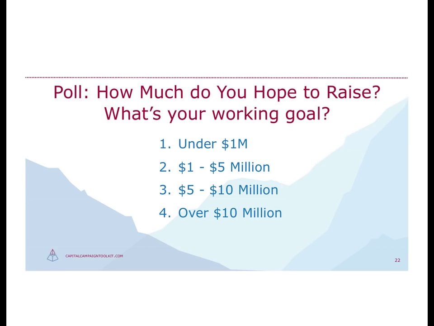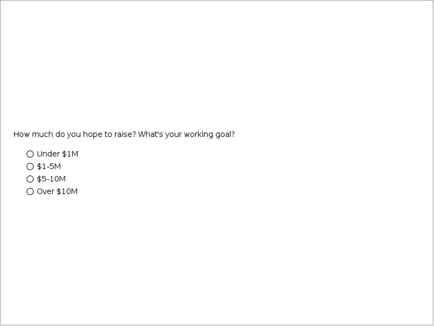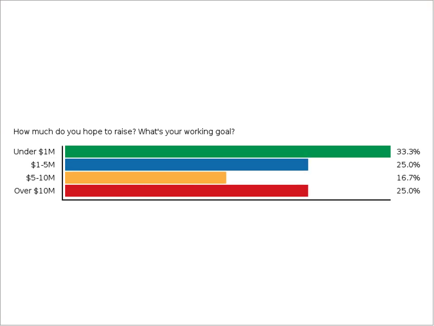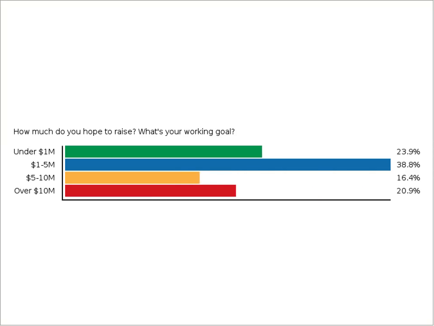Before we get into more detail on that, we're going to do one more quick poll. We want to know how much you hope to raise right now, how much you're thinking about, and start using the language working goal. What is your working goal? 1 is under $1 million, 2 is $1 to $5 million, 3 is $5 to $10 million, and 4 is over $10 million.